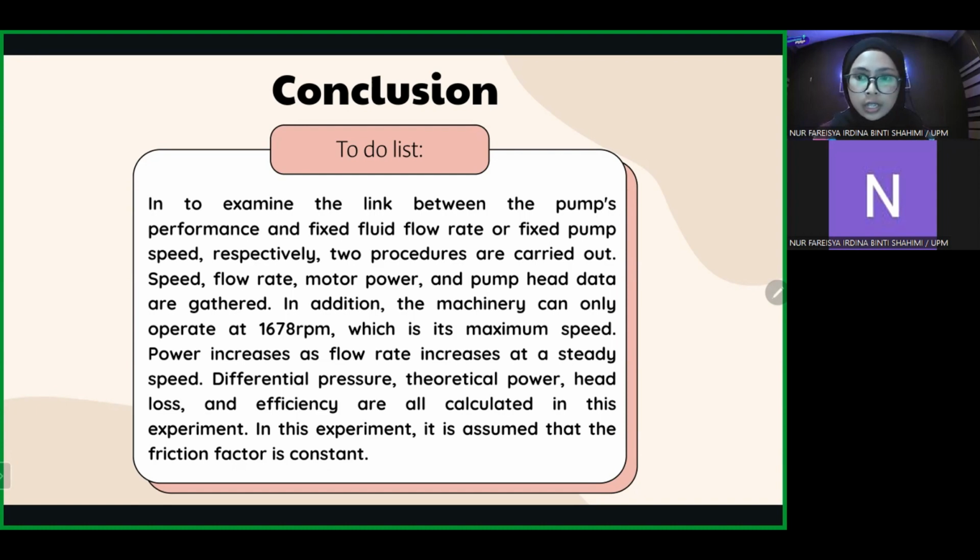In addition, in this experiment, the maximum speed the machinery can reach is only 1678 RPM. From this experiment, we can also conclude that power increases as the flow rate increases at steady speed. Differential pressure, theoretical power, head loss, and efficiency are all calculated in this experiment. And lastly, in this experiment, it is assumed that the friction factor is constant.